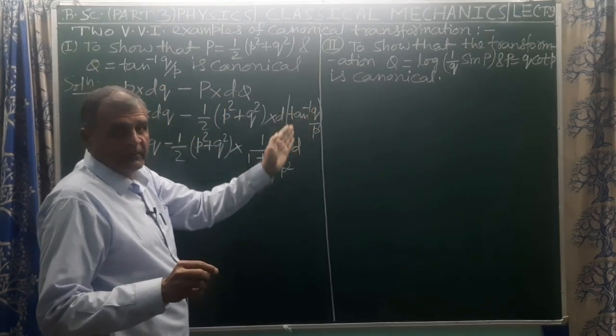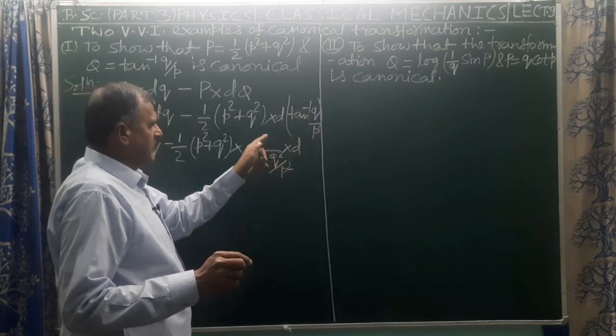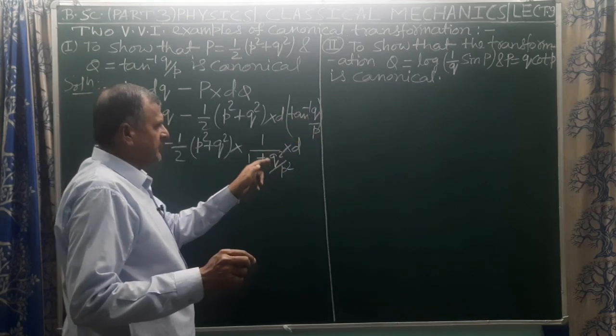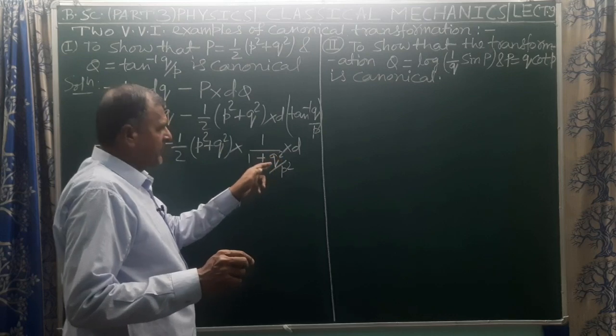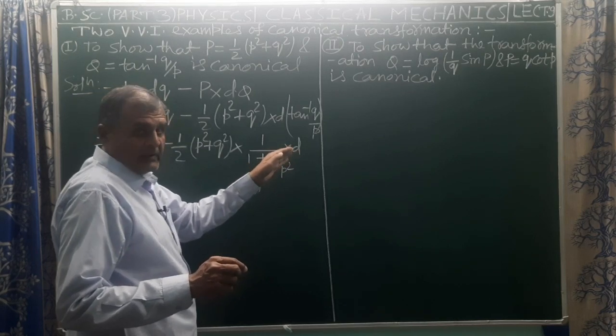So the differential of tan inverse q by p is 1 upon 1 plus q square upon p square, multiplied by d of q by p.